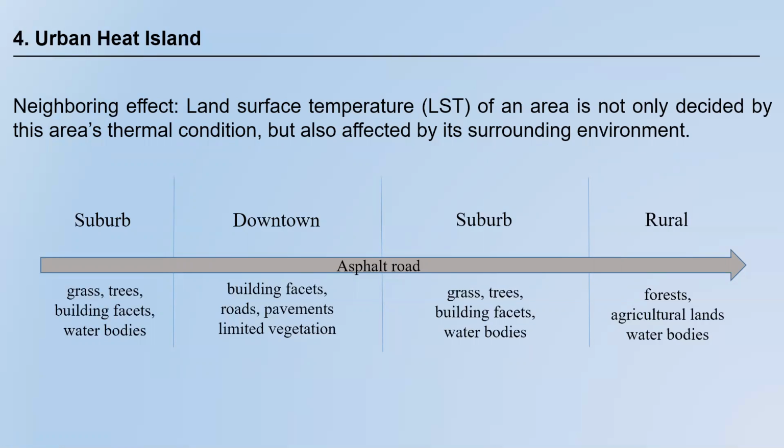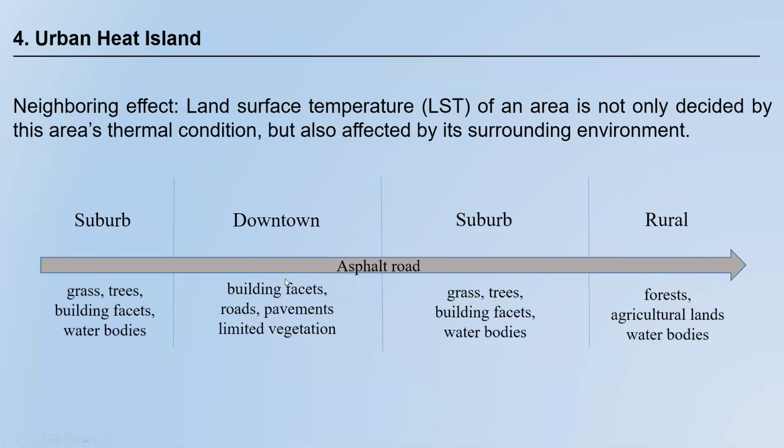And like I said, if this road is surrounded by trees, evaporation from trees could cool the surrounding air, could cool the surrounding surface to make this road cooler than it should be in the downtown area.